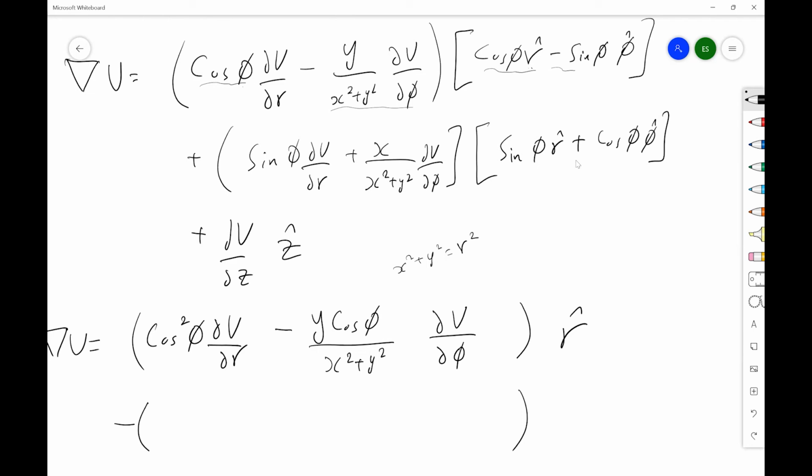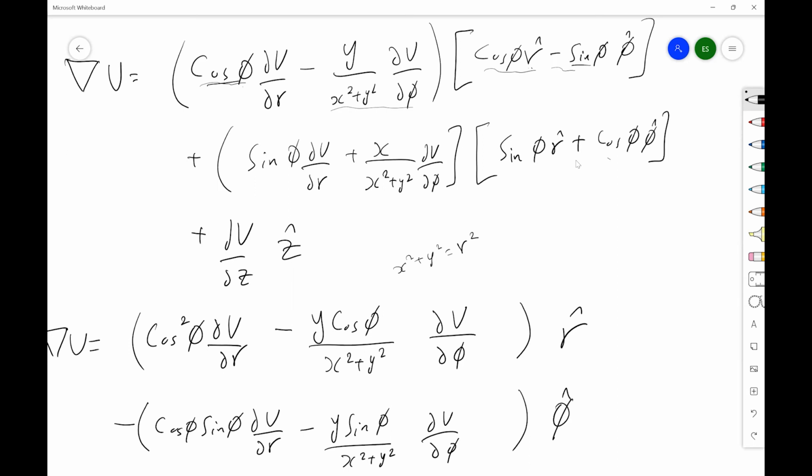So it's going to be cosine phi, sine phi, delta u over delta r. And then there is one that's going to come from here, minus minus becomes positive. But then take the minus out, it becomes negative. So it's going to be minus y sine phi over x squared plus y squared du over d phi. So this is going to be phi.